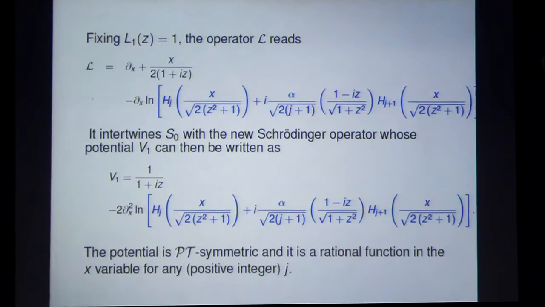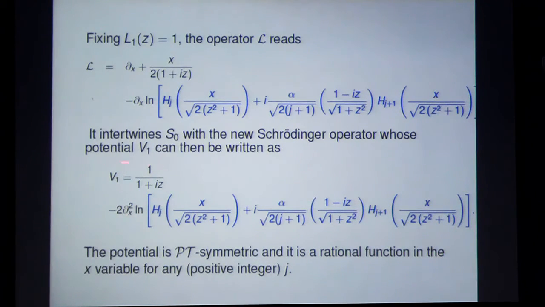So while proposing that U, we can obtain exactly the intertwining operator. It's a first order derivative plus this function, and over here in blue I have a polynomial. It's a complex polynomial, but it's a polynomial in X, so it is easy to obtain the logarithm derivative.